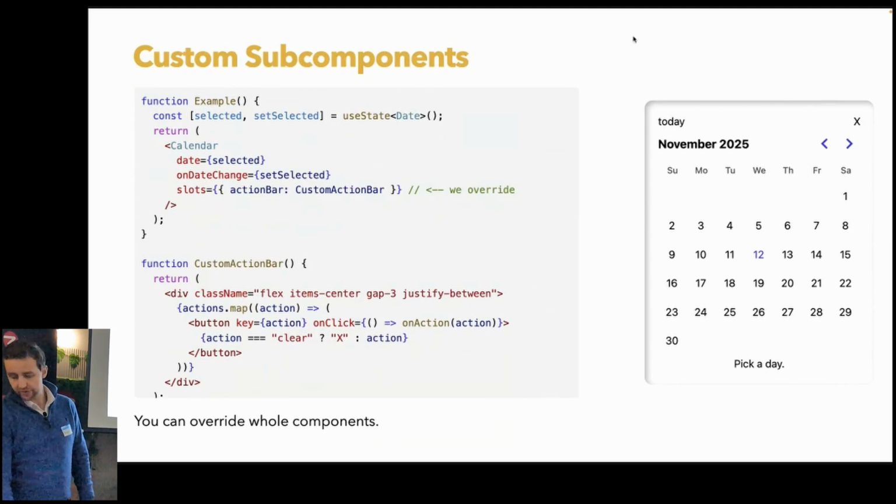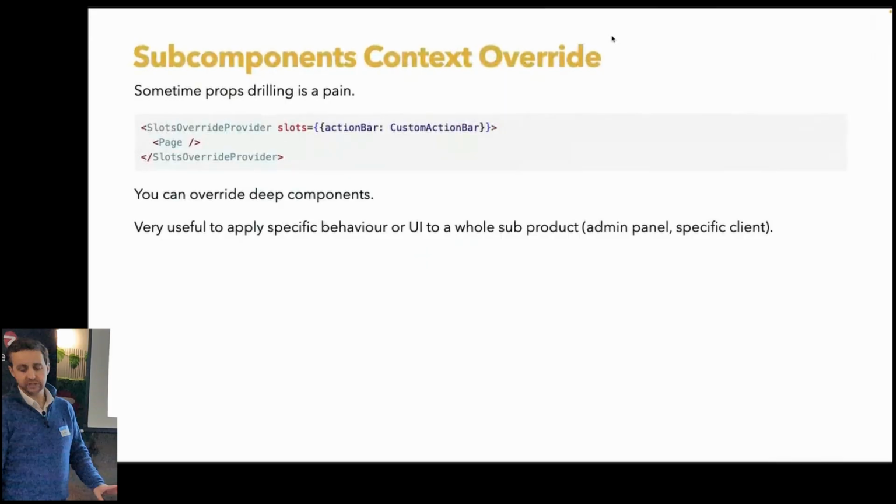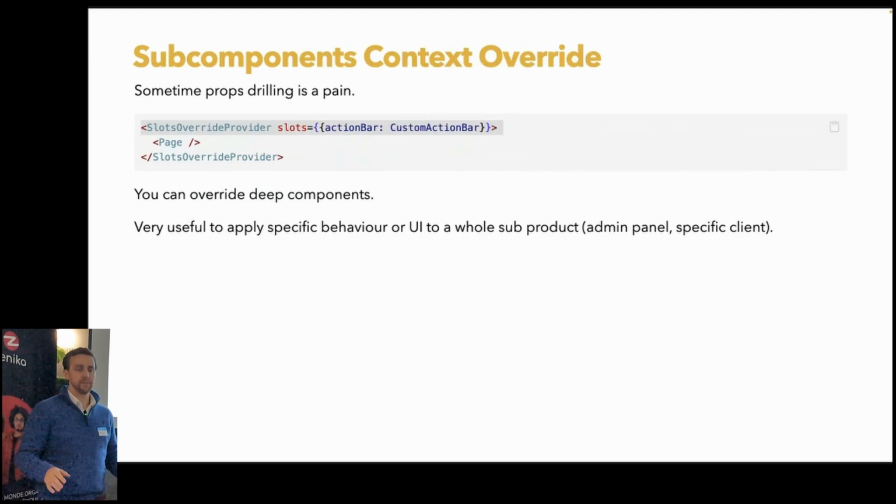And after, there is a very similar one. You just do all this override using context. Because sometimes an organism is inside an organism that is inside an organism, and you don't want to do props drilling hundreds of times.